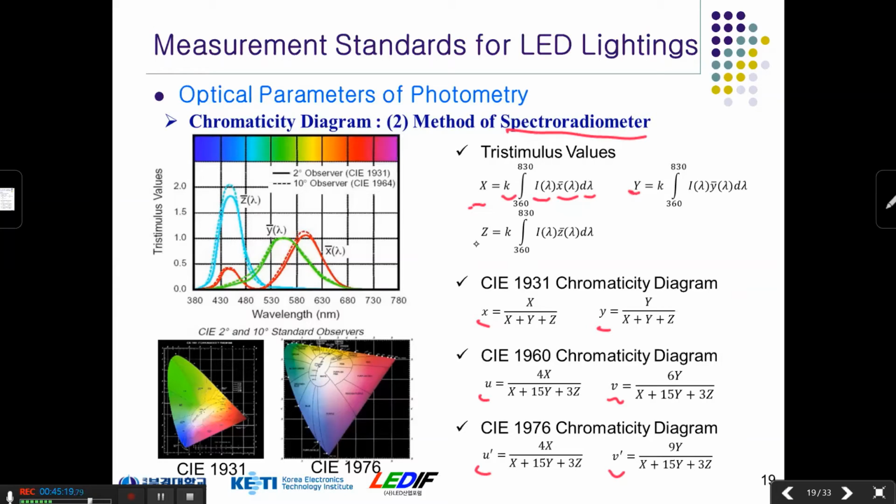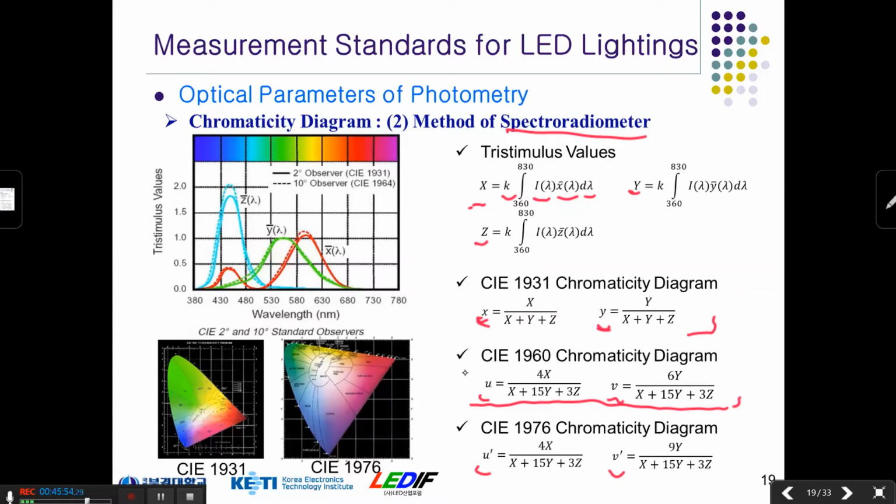Large Y and large Z are calculated by the same procedure. Small xy color coordinates can be calculated using these formulas. UV color coordinates, that is the CIE 1960 chromaticity diagram, can be calculated using these formulas.